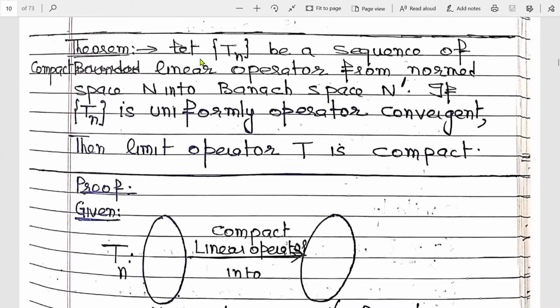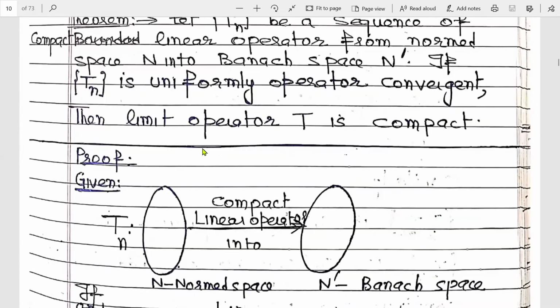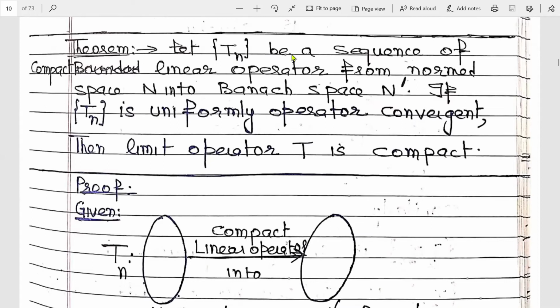The next result is a very important result. Let Tn be a sequence of compact linear operators from a normed space N into a Banach space N'. So in this case, one is a normed space, the other is a Banach space.